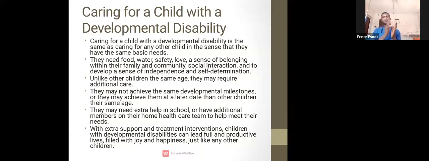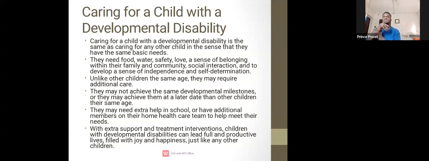So both the disabled and the able-bodied persons fall under this group of needs. Now, unlike other children of the same age, developmentally disabled persons require additional care, like a higher level of care.